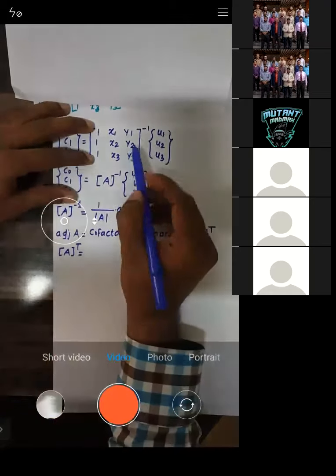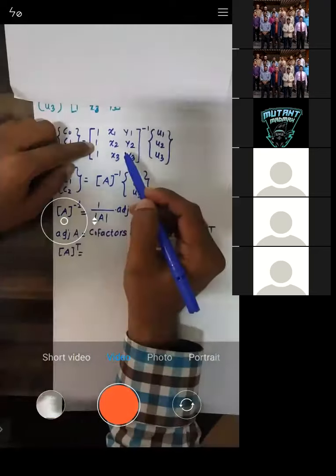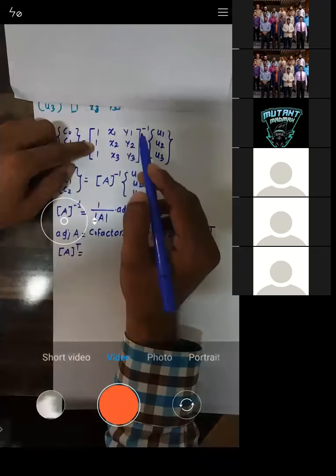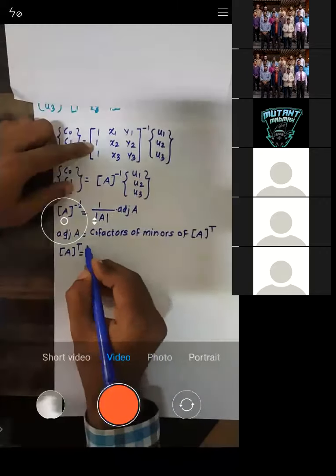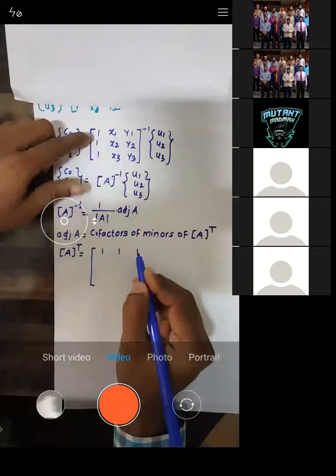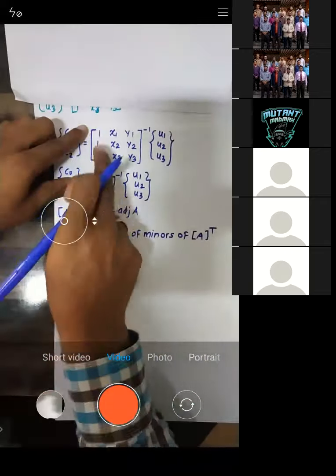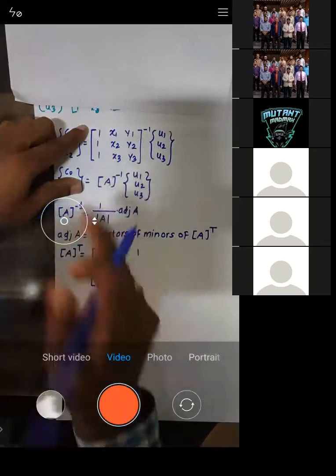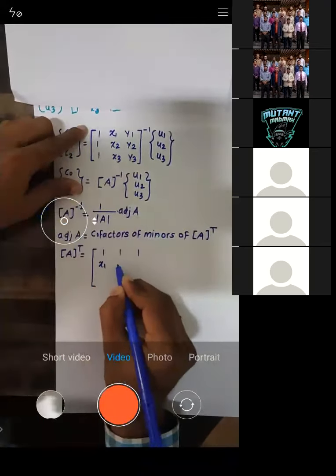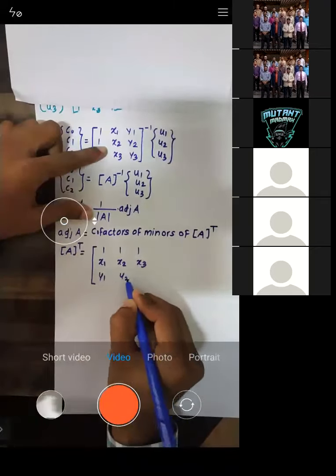This is our A matrix. When you take its transpose, the rows become columns, or the columns become rows. So write this as 1 1 1, a column which becomes a row, then x1 x2 x3, and y1 y2 y3.